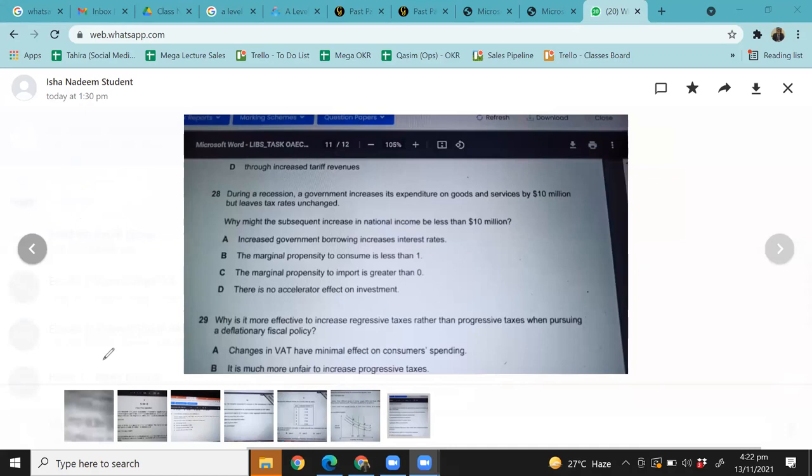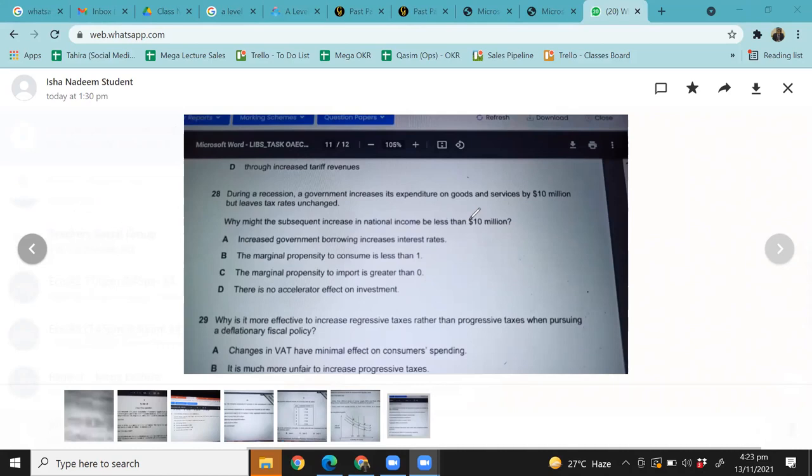Students, right? So think about this one more time. What is the multiplier effect? The multiplier effect is how much will be the change in national income due to change in injection. Now government spending is an injection, right? Even if your multiplier effect had been 1, for a 10 million increase in government spending there should have been at least 10 million increase in national income, right?